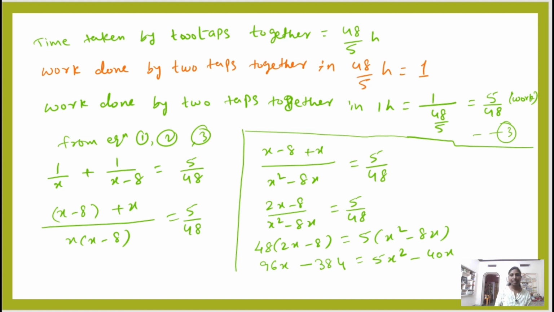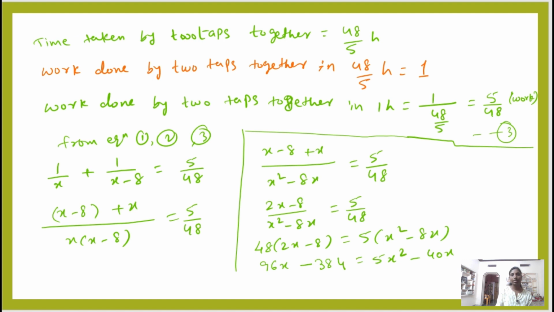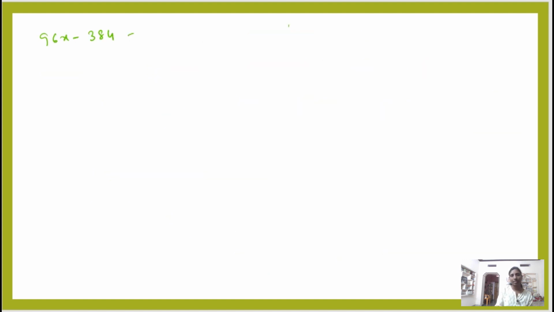Okay. What was there in the previous slide? 96x minus 384 is equal to 5x square minus 40x.